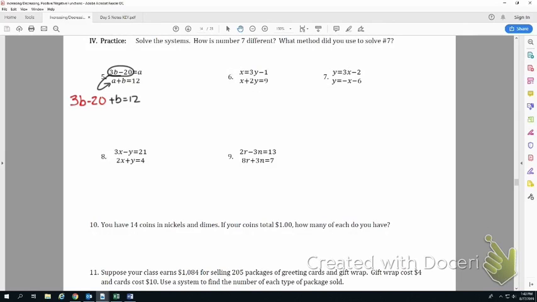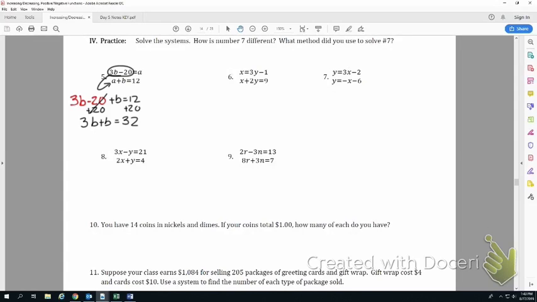Lyndon, what would you do first on that problem? I guess add the 20. Okay, I'm going to add 20 to both sides. So I've got 3b plus b equals 32.